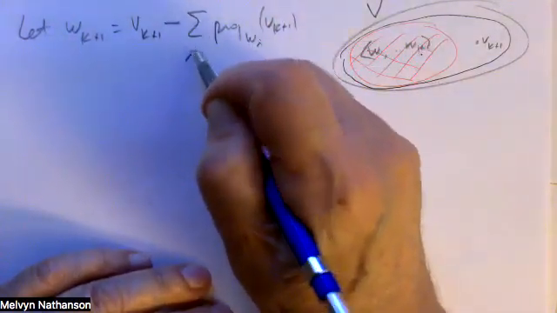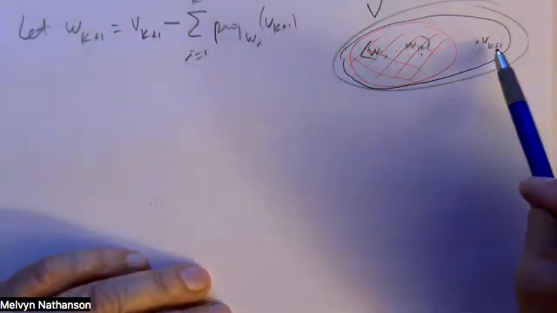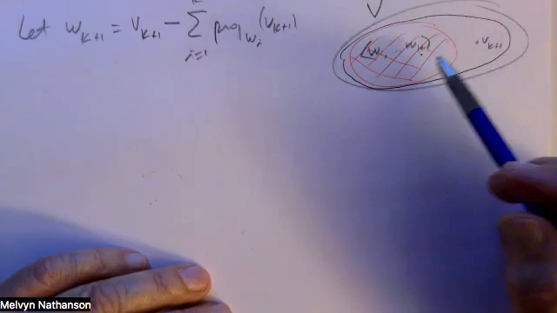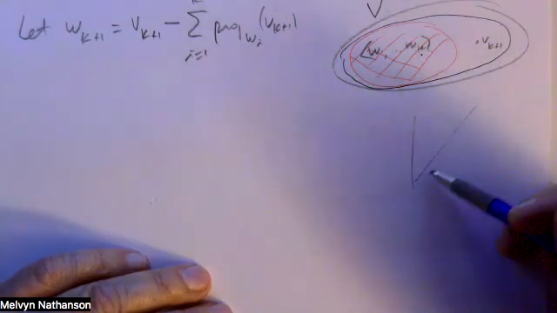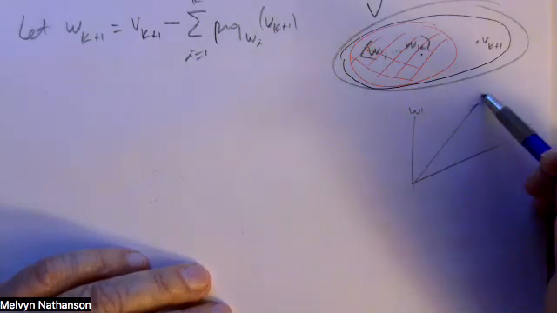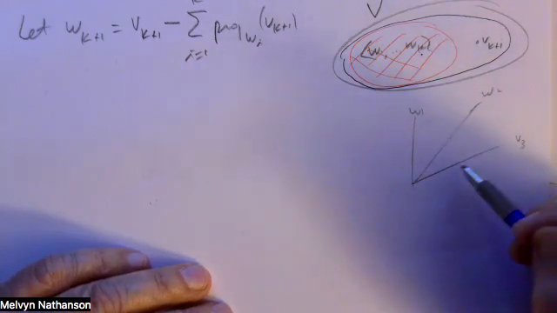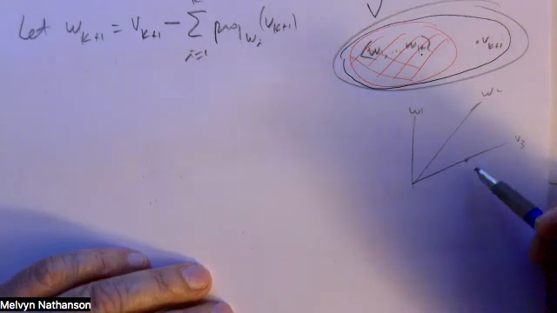So summation, i goes from 1 to k. So I take this vector v_{k+1} and say this is w1, this is w2, this is, say, v3.